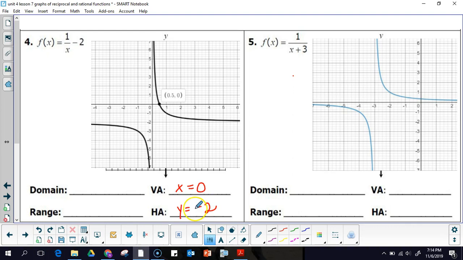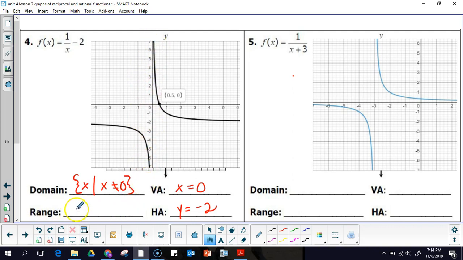The reason I do the asymptotes first is because that's going to help us determine what the domain and range are. The domain is going to be all real numbers x such that x does not equal 0, because it doesn't touch the line where x equals 0, which is the y-axis.